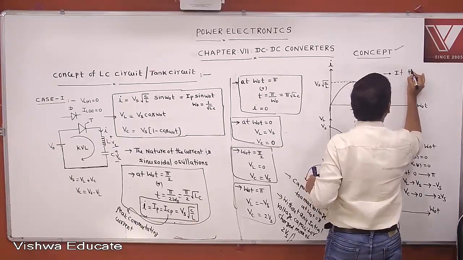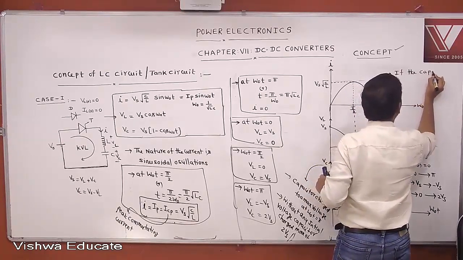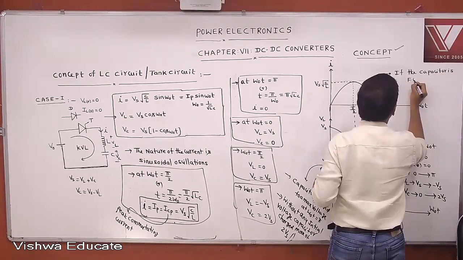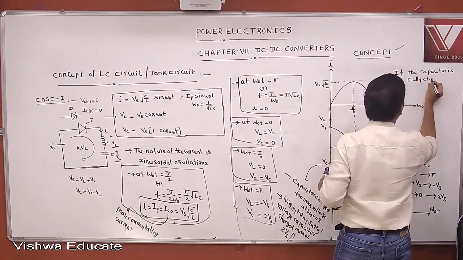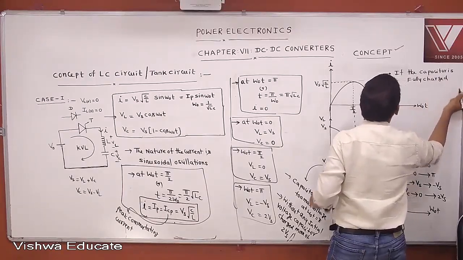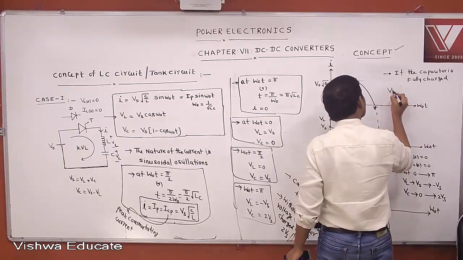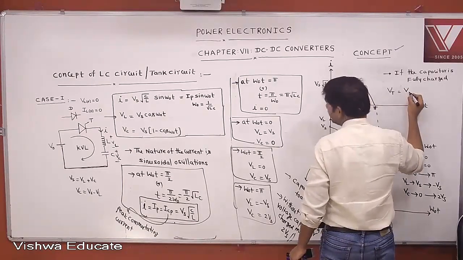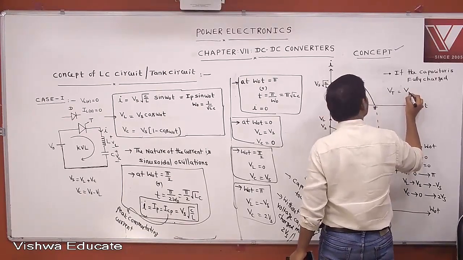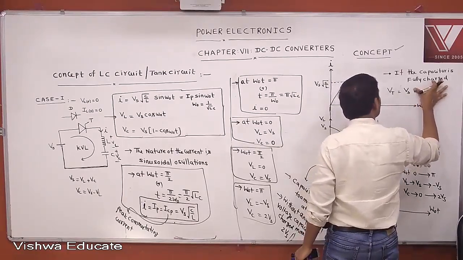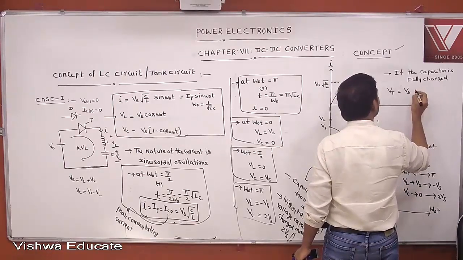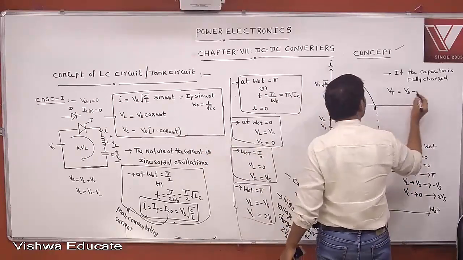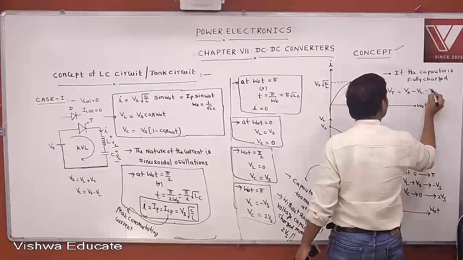One more point you write: if the capacitor is fully charged, the voltage across the thyristor equals Vs minus VL minus Vc.